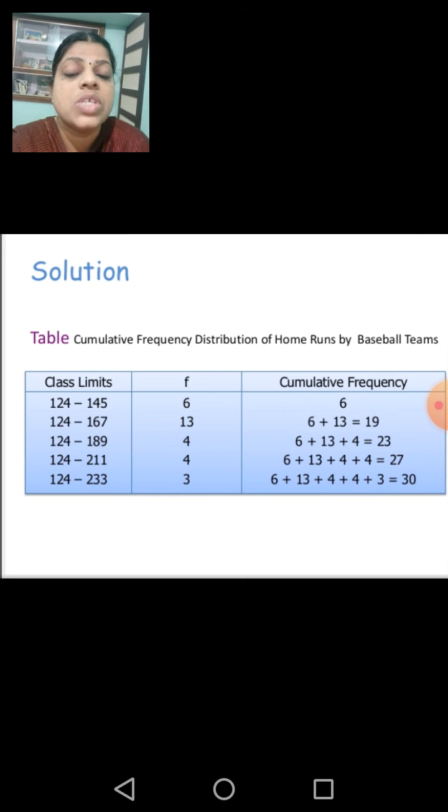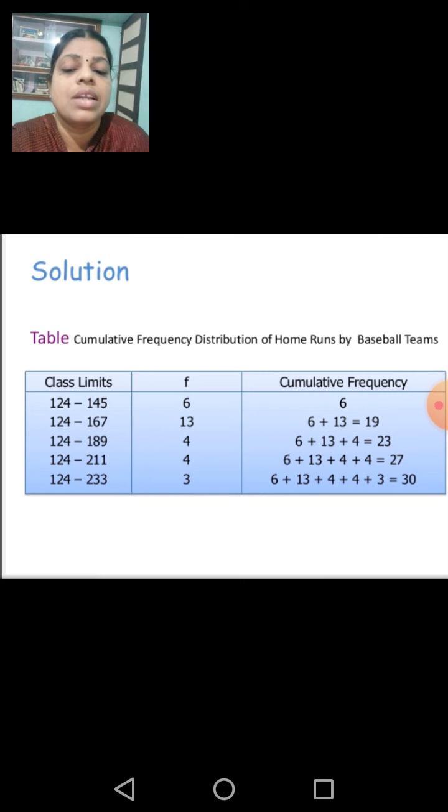The runs come in between this, or what are the values? Yes, we have to add the frequency of the first class interval plus the frequency of the second class interval. So at first it was 6 and the second one is 13. If we add together, we will get the value 19. So what was the frequency from 124 to 167? 19. The total, yes, is 19.